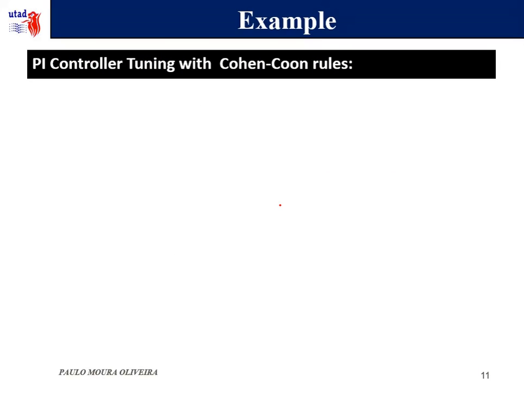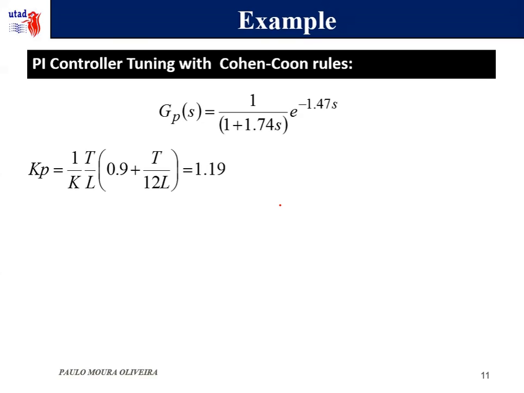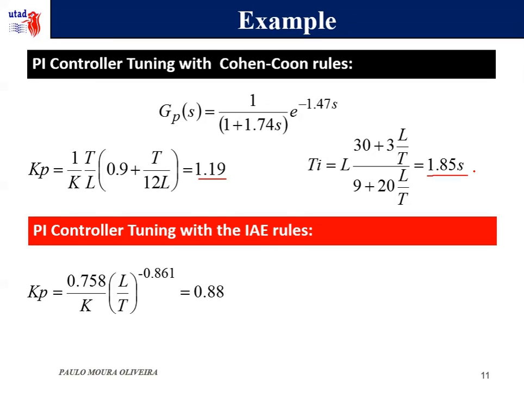Based on the 2-point model, you can use any tuning rules. In this case, the Cohen-Coon tuning rules are well known, so we can use this first rule to determine the proportional gain, and this second one for the integral time, and the same with the Murrill IAE rules.